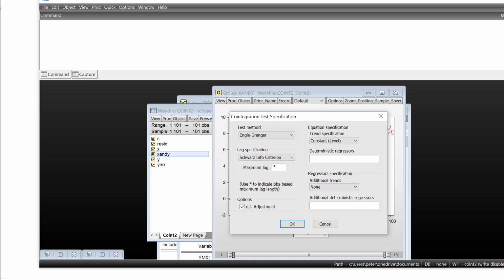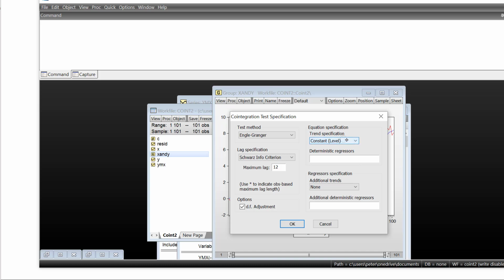The rest of the information that you need to fill out is very similar to the information that you fill out for the augmented Dickey-Fuller test, because remember, all we are doing is just doing a unit root test on the residuals. We're just adjusting the critical values.